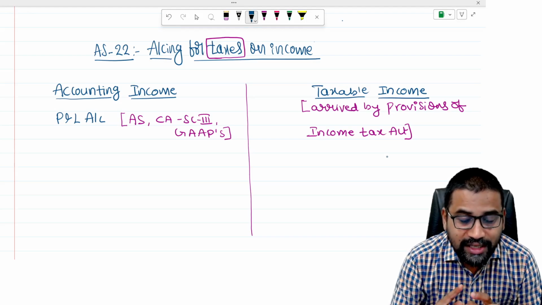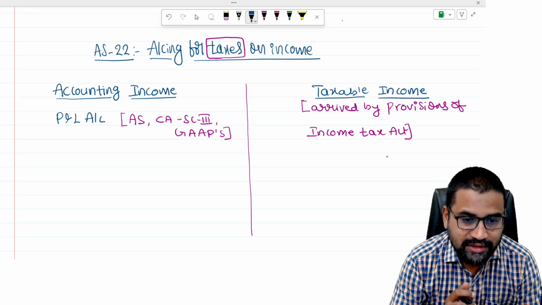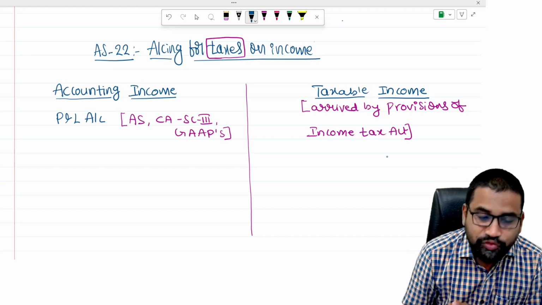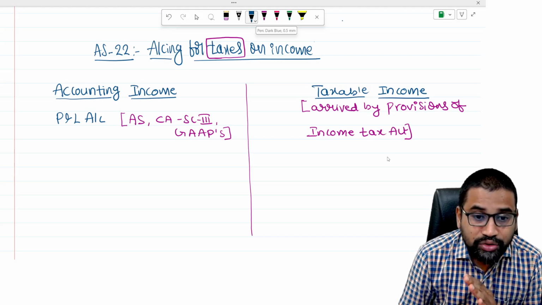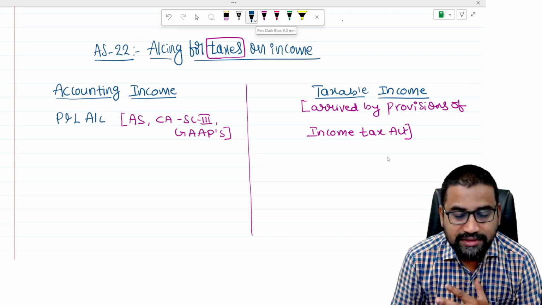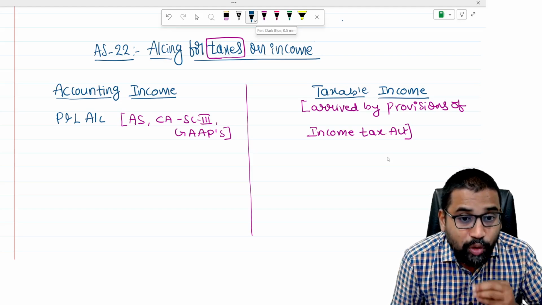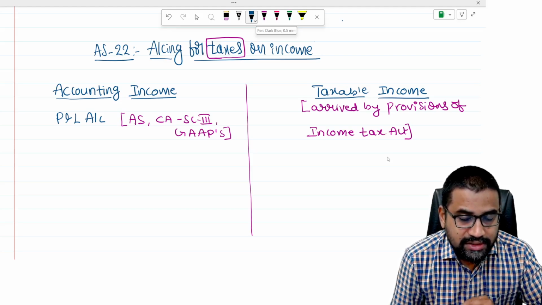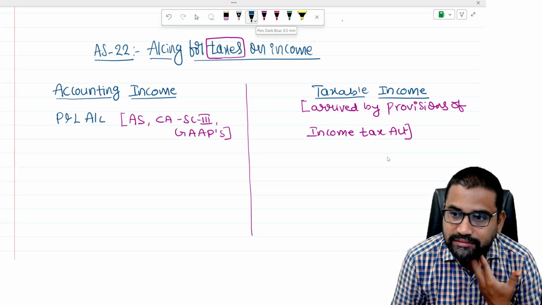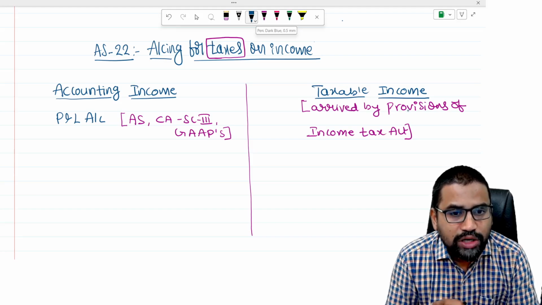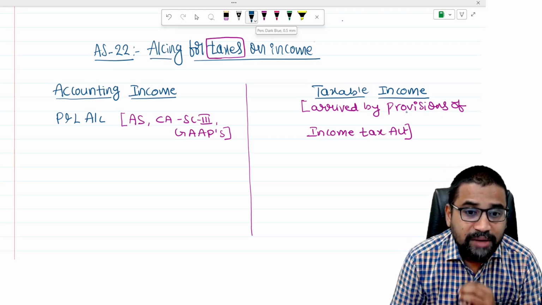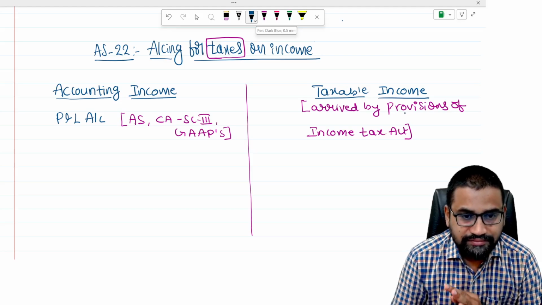So fundamentally, there is a difference. When you want to calculate taxable income, you need to follow the provisions of Income Tax Act. But when you want to ascertain the profit of the business, you need to follow the Companies Act. Of course, this Income Tax Act we follow purely for income tax calculation purpose only.